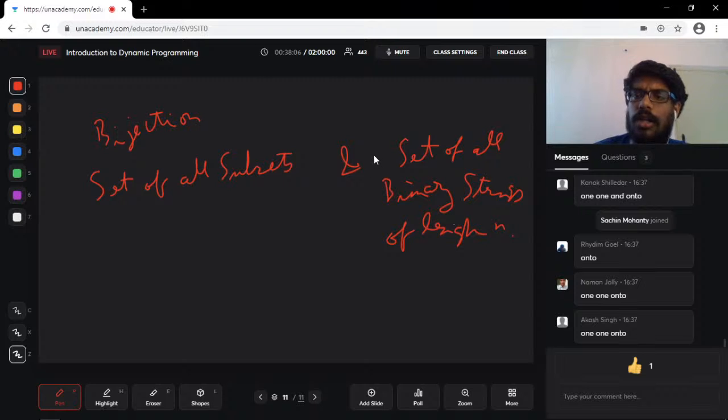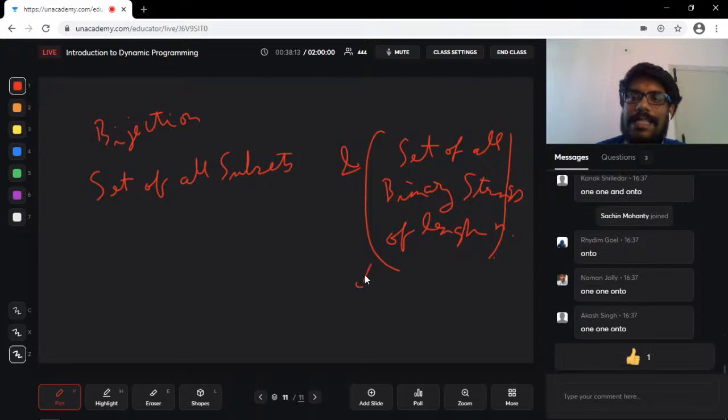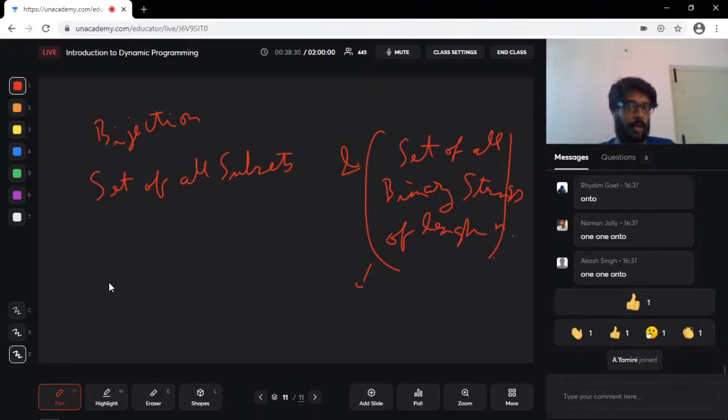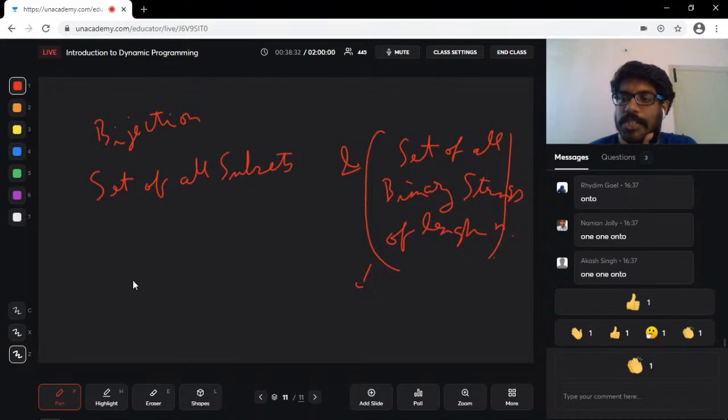Now this is something we are very familiar with, because this is nothing but the set of all... Okay, can someone think of where you've seen this? Think of this in the setting of binary representations. I hope all of you know decimal representation and binary representation.